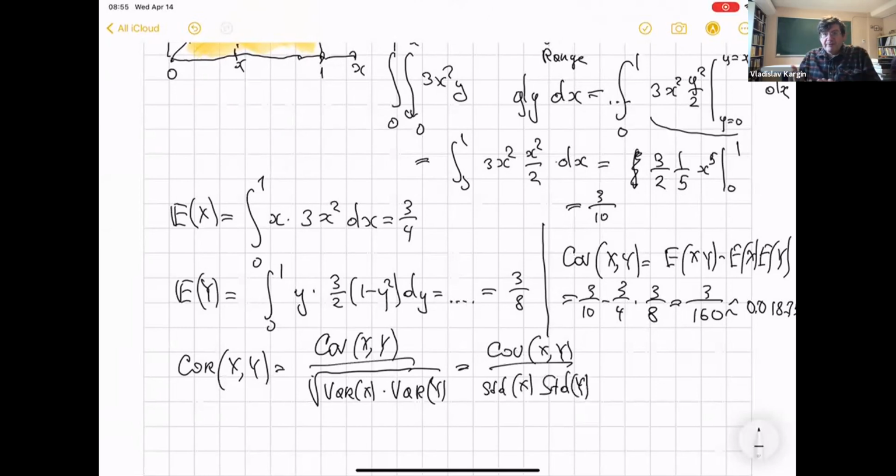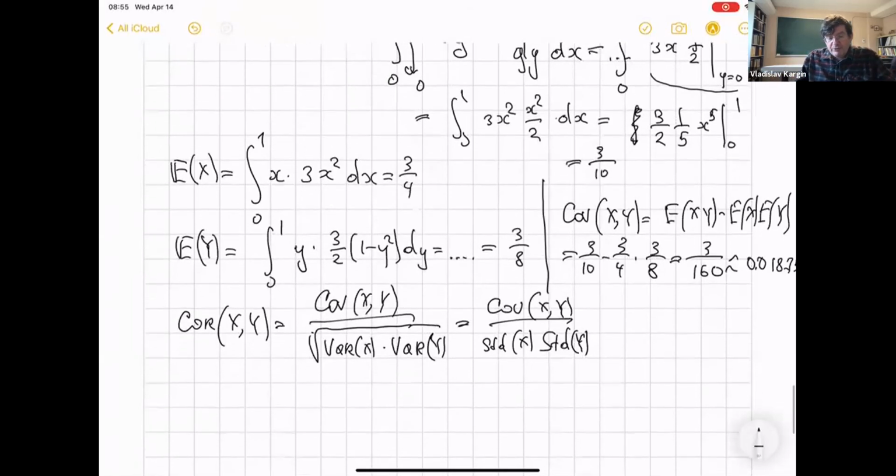So we compare it with the product of the standard deviations. This is the right thing to do, because if you scale the random variables, multiplying x and y by some constants, then the covariance will be multiplied by the product of these constants. But the correlation will stay the same. So it's invariant to multiplication by a number, to scaling of the random variables.